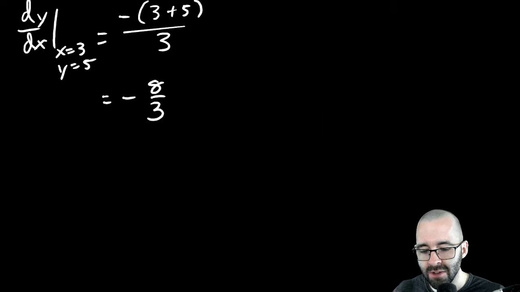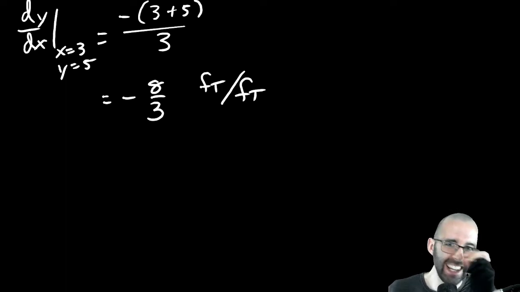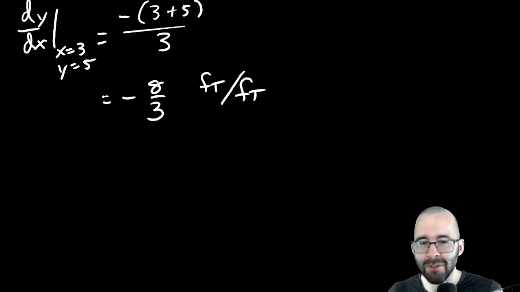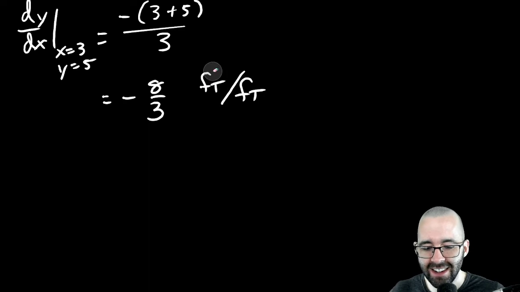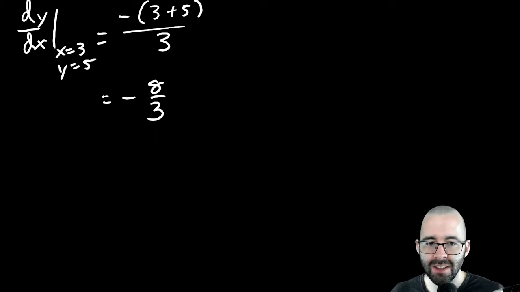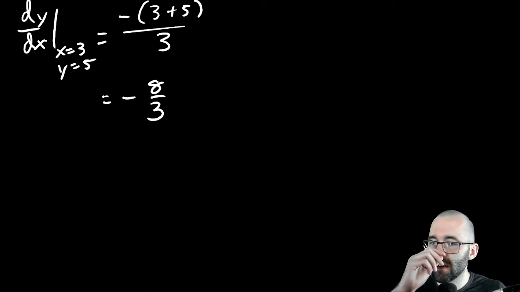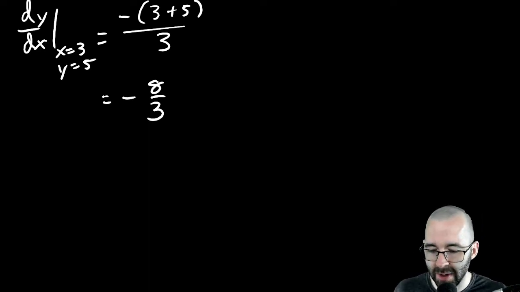Well, the rate of change of y is feet, and the rate of change of x is also feet. So the units are in feet per feet, and you could write that and that'd be okay. But this is what's known as a dimensionless quantity. All right, there actually are no units here.